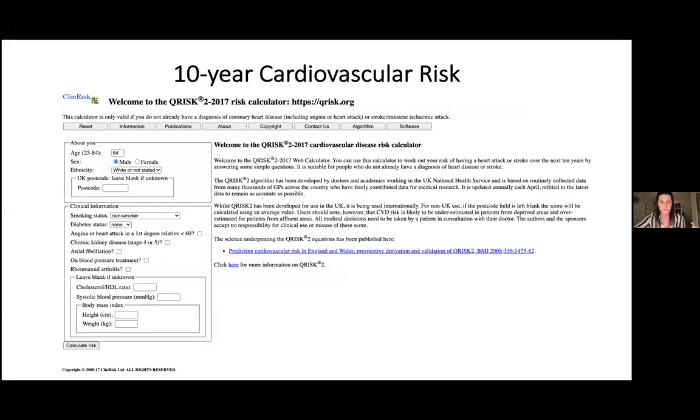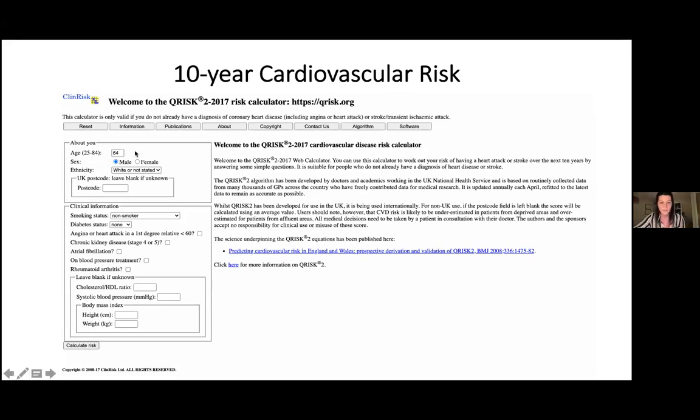It takes into account demographics, so age, sex, ethnicity, UK postcode. It also takes into account your clinical history, your smoking status, if you've got diabetes, your family history, and things you measure in the clinic, so BP, BMI, cholesterol. You can plug in as many details as you know and it will help you calculate a risk.